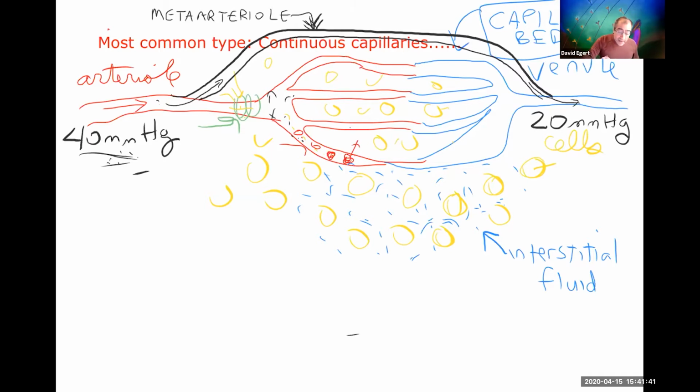And so as the blood enters into the capillary bed, water leaves into the tissue. So this is water as well as other small dissolved solutes. So as we enter into the capillary bed, water leaves.